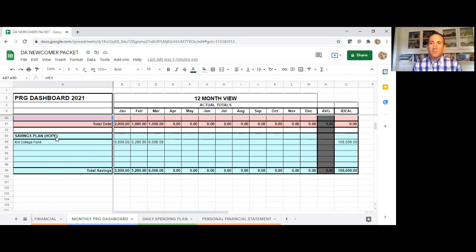Step 12 is when we start to give back and help those in need, whether we're helping a debtor or helping our daughter get through college. All of that is step 10, 11, 12, the hope section of working the 12 steps. All that falls under the savings plan. This is really exciting stuff when we get into the savings plan.